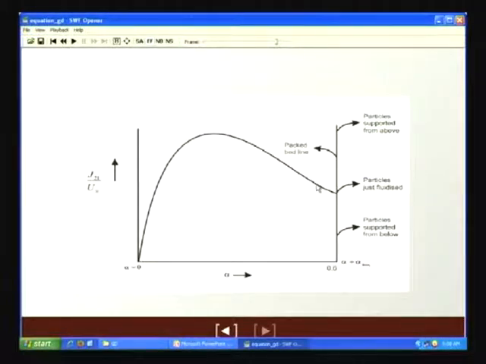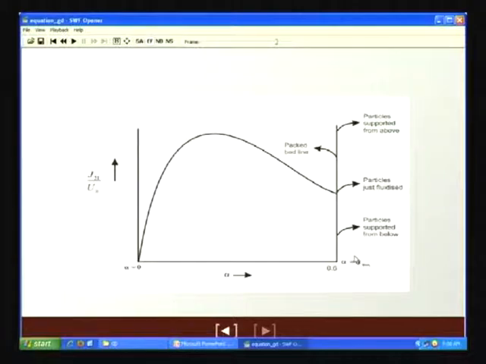If it is a flocculating solid, then the alpha maximum can be as low as 0.1. If it is totally non-flocculating, it can go to higher values. Usually for rigid incompressible particles, alpha max varies between 0.58 to 0.62. In this particular case we have assumed alpha to be 0.6.